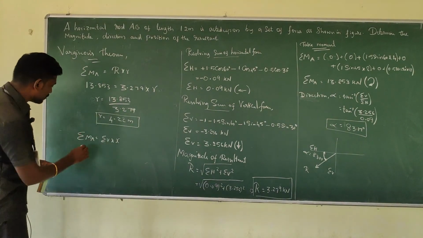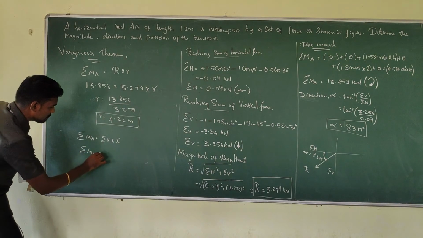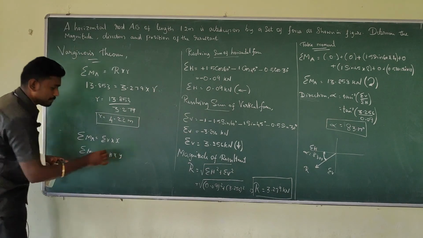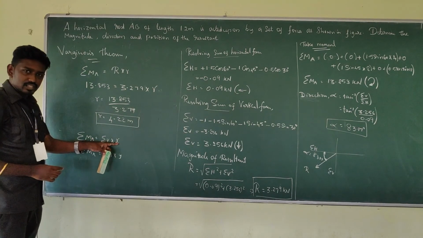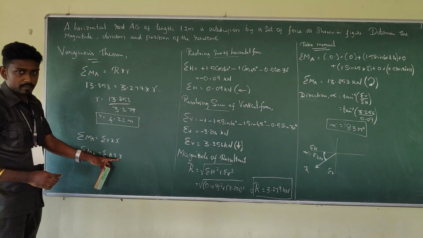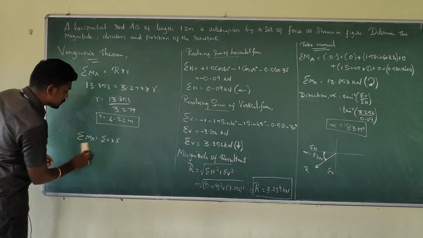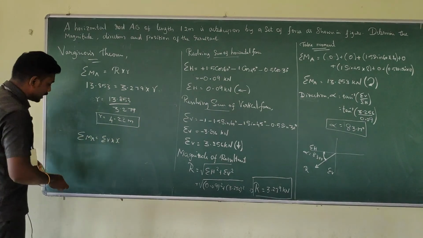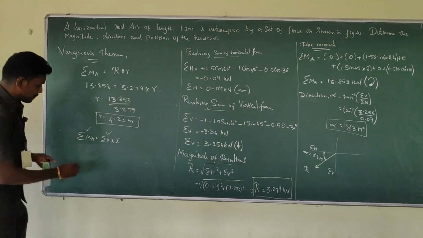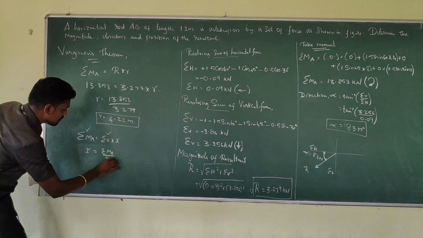If you are applying it for the horizontal force, sum of moment about A is equal to sum of horizontal force into y. For this horizontal force, the vertical distance is y. In the logical manner, I am going to take the first one, so that I will get the x value. So here all the other quantities are known. So x is equal to sum of moment about A divided by sum of vertical force.